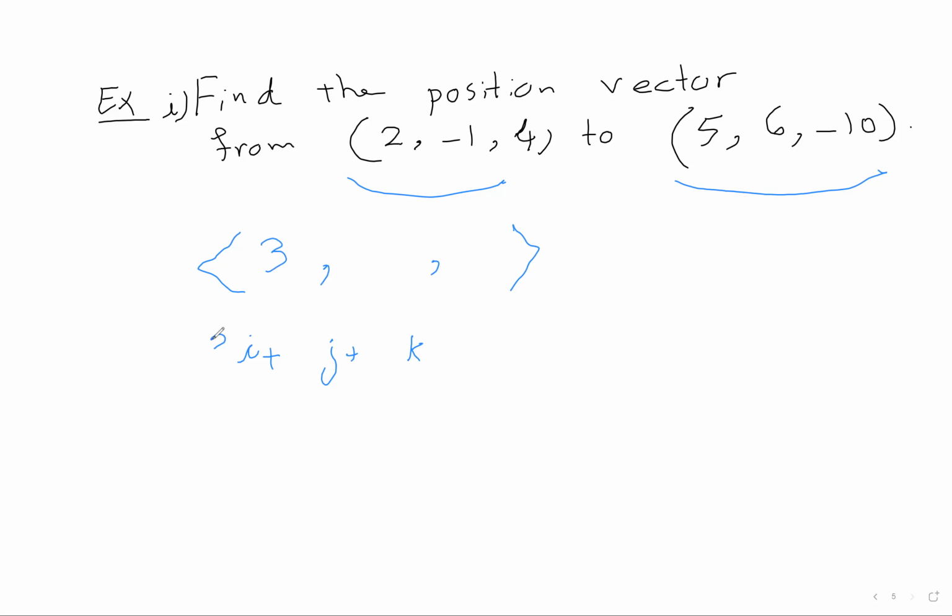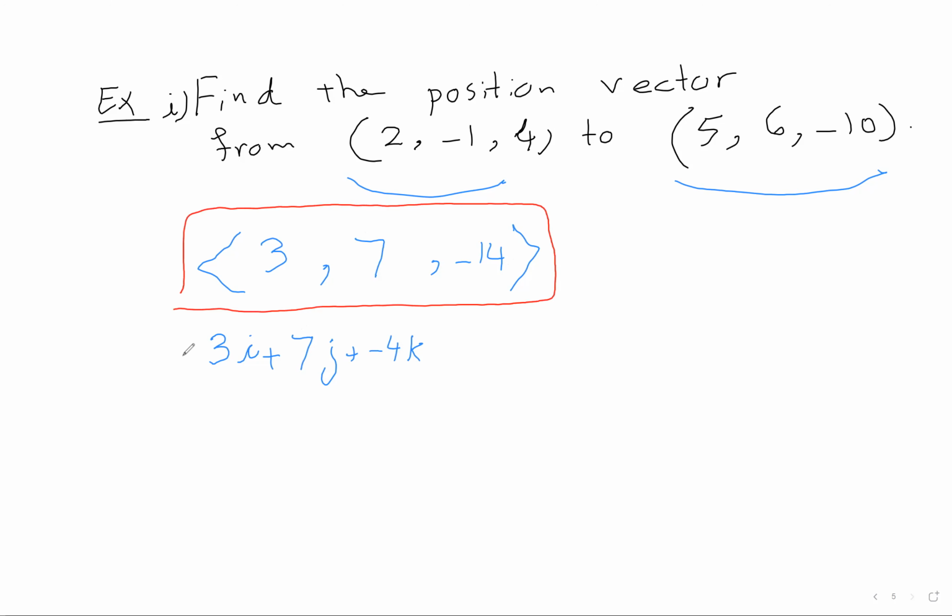Or in the other notation, 3 goes here. 6 minus negative 1, which is 6 plus 1, will be the second coordinate. 7 or 7 here. And minus 10 minus 4, which is negative 14 or negative 14 here. So depending on how the answer was supposed to be written, we have 2 ways to show them.